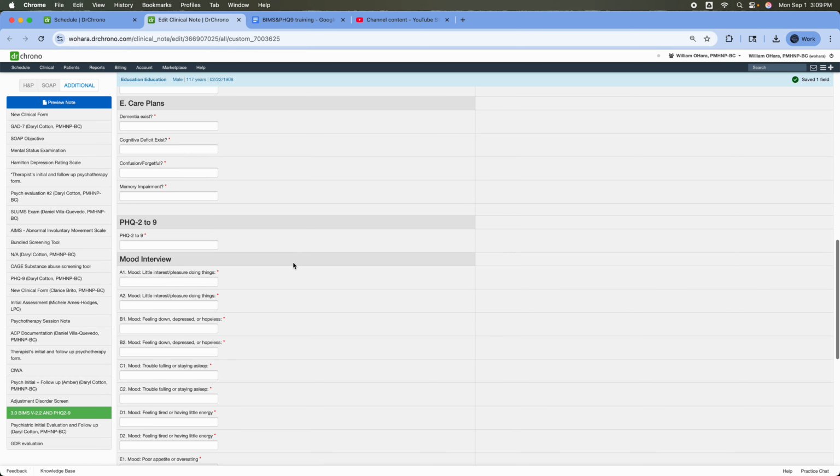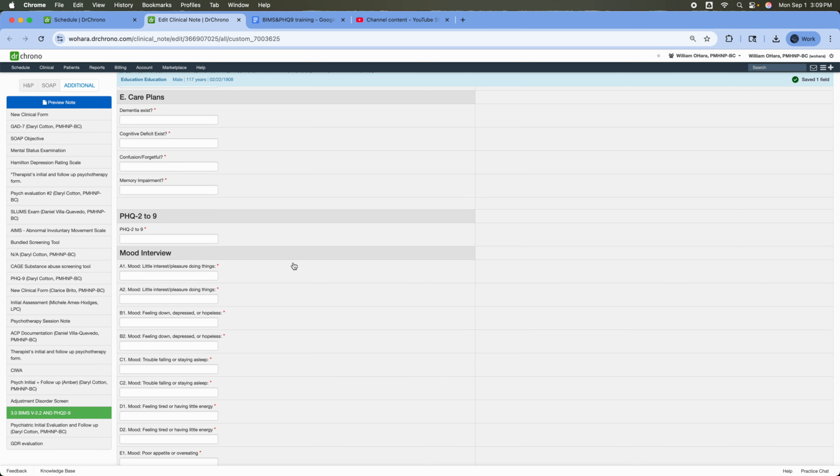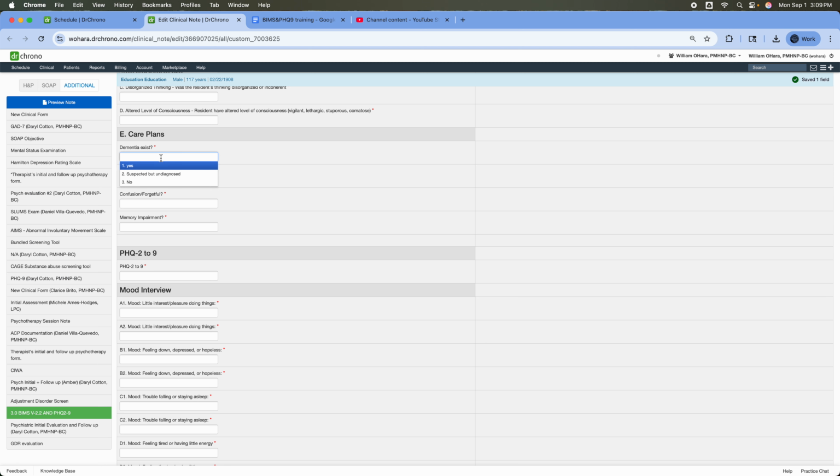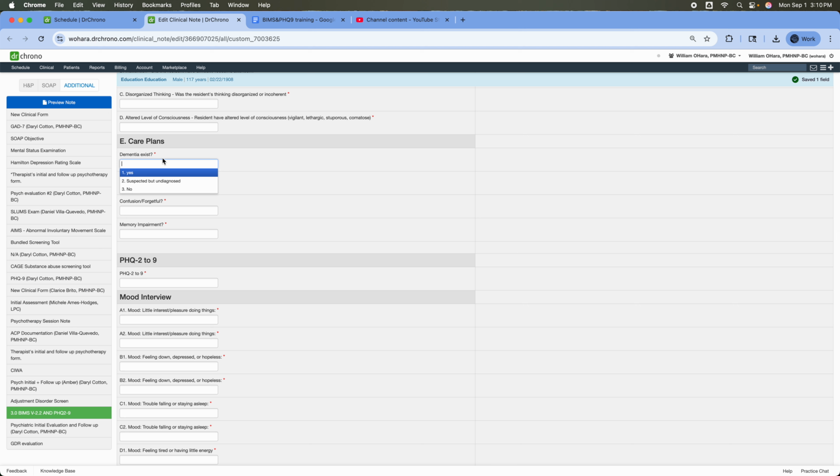What I want you to pay special attention to is in the care plans. Under dementia, we cannot give dementia diagnoses. So if the patient does not carry a dementia diagnosis, but their A&O status, or if the facility did a SLUMS, I mean, you can tell when patients have dementia in some cases.